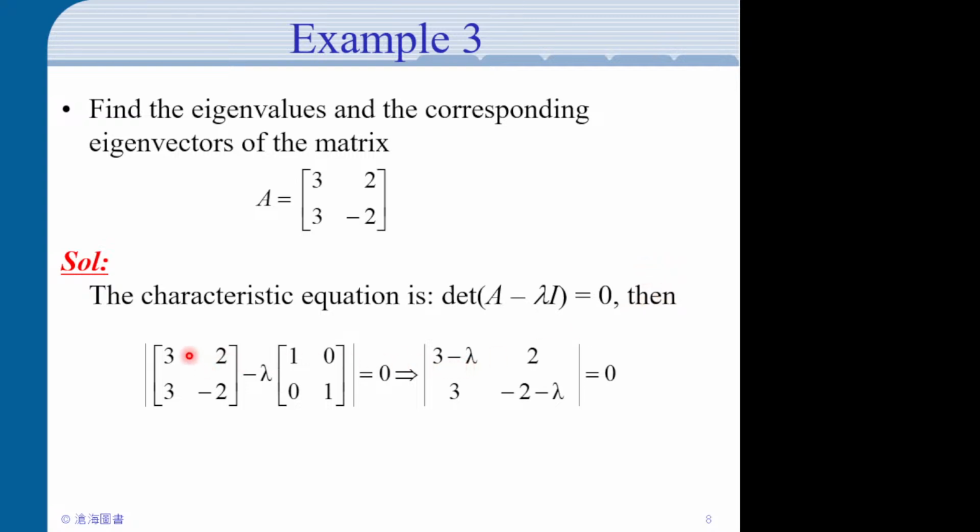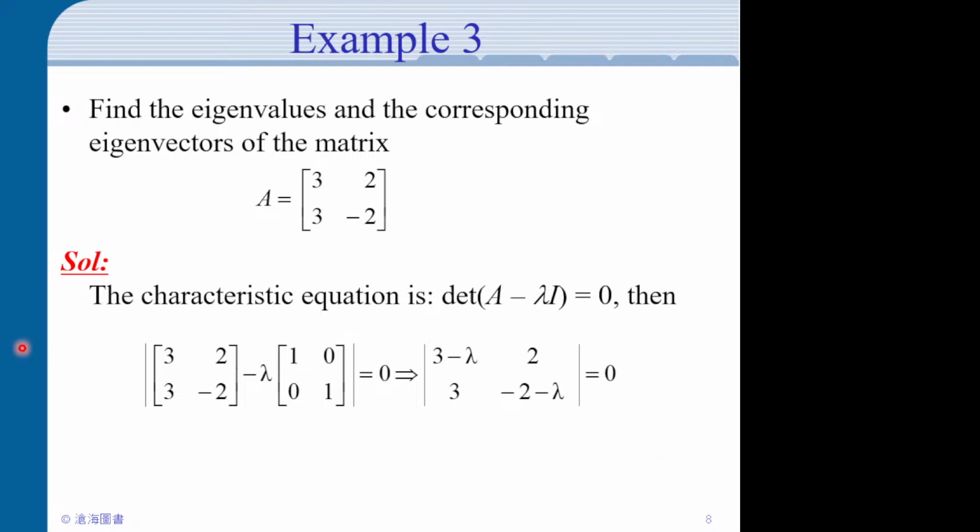And then we first say the determinant of A minus lambda I equals 0. A is this, and lambda I is this, so basically we get minus lambda on the diagonal terms. So we have 3 minus lambda, 2, 3, and minus 2 minus lambda. We want to calculate the determinant of this.